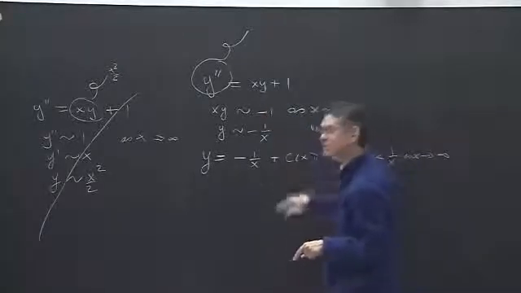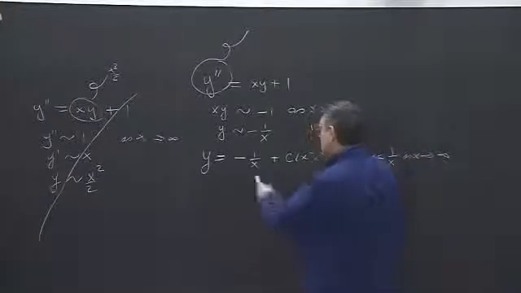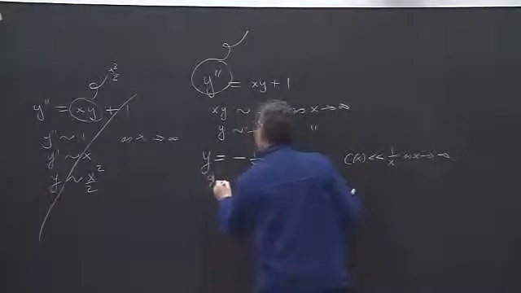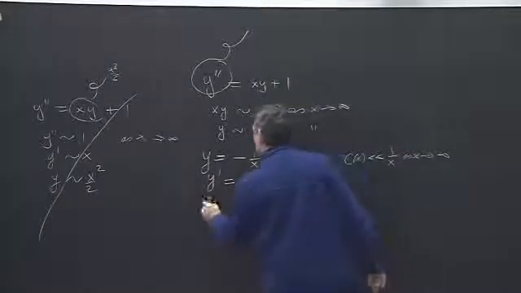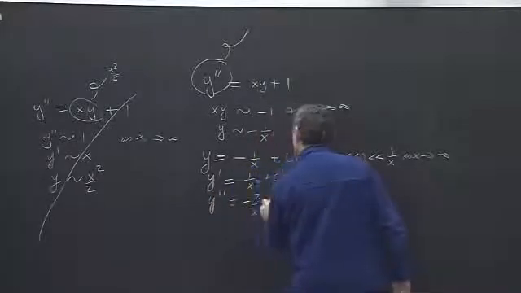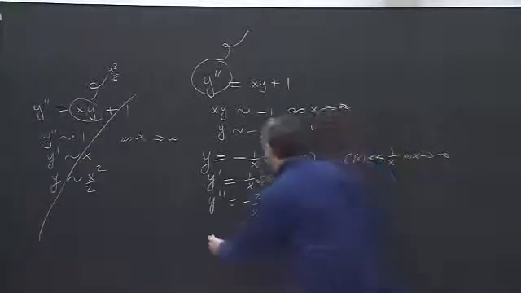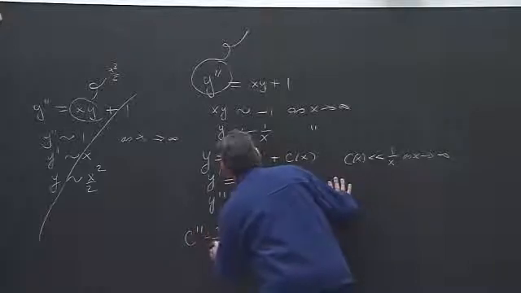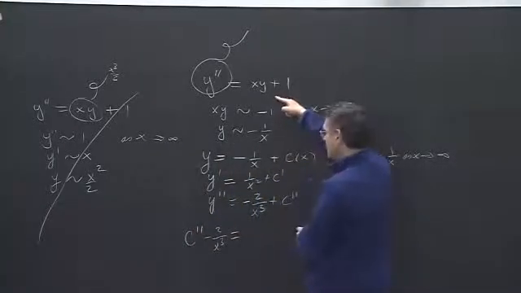We now plug this into the equation. So y' would be equal to 1 over x squared plus c', and y'' would be minus 2 over x cubed plus c''. We plug it into the equation, and we get c'' minus 2 over x cubed is equal to xy.